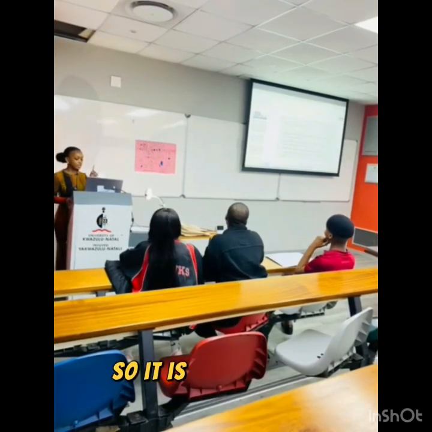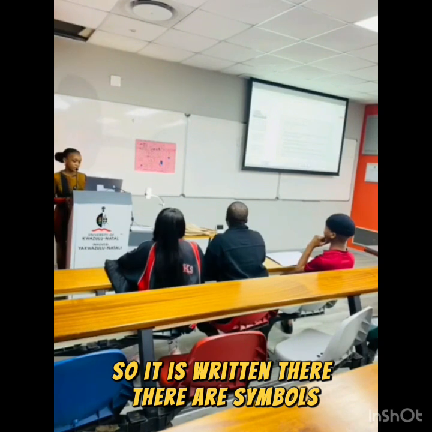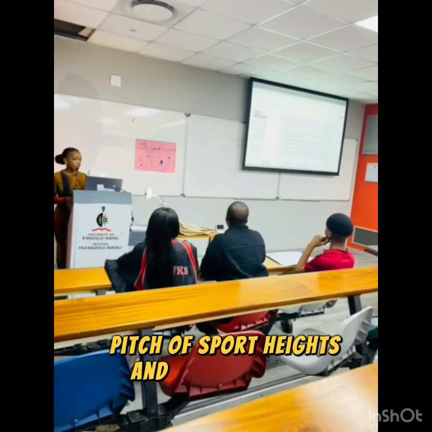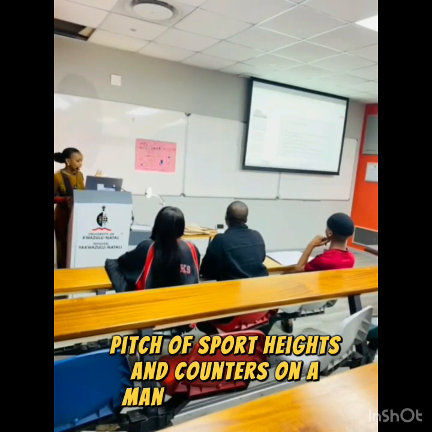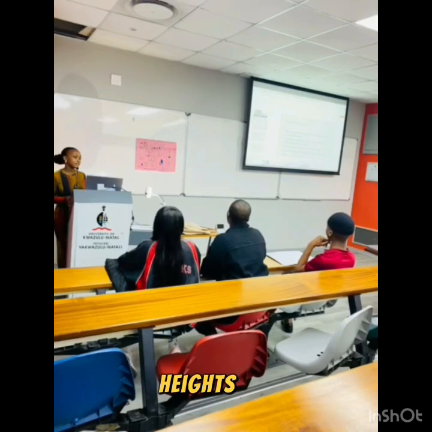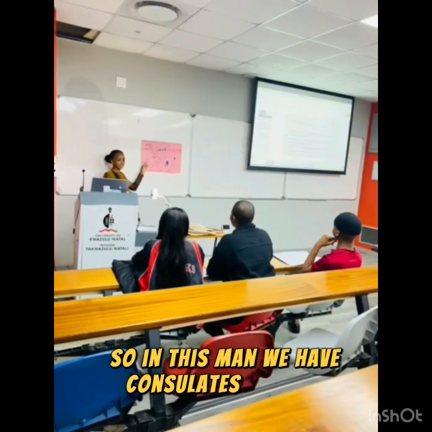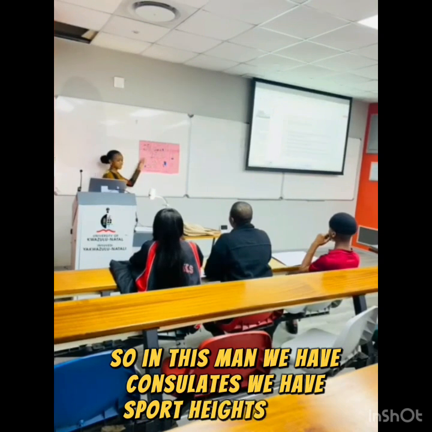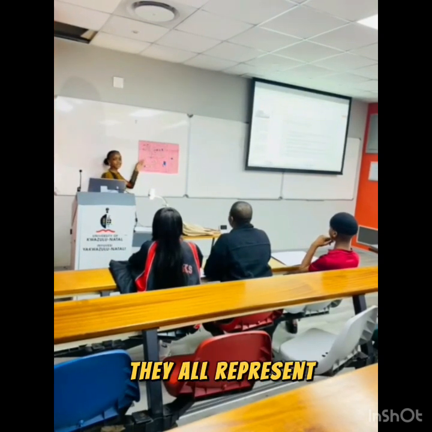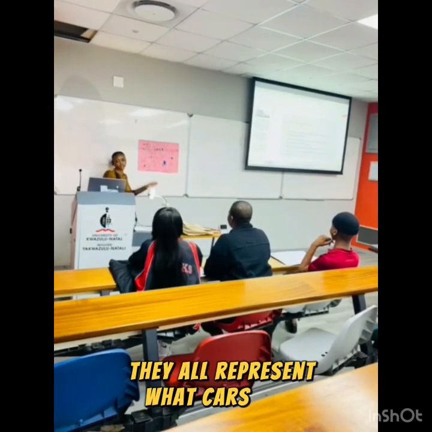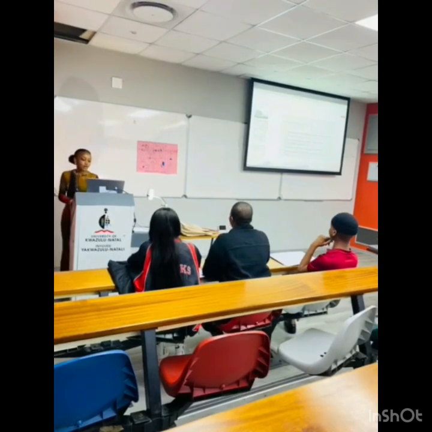So in this map, we have contour lines and we have spot heights. They all represent what? Heights.